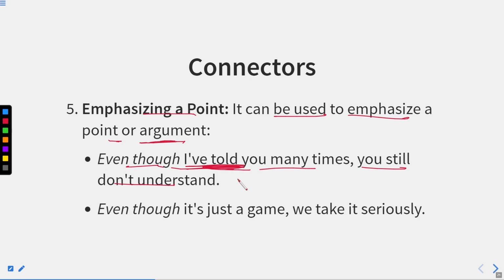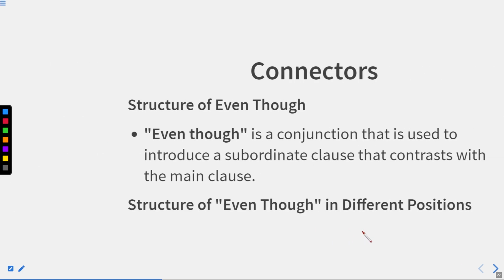So we are describing the frequency of someone who has told someone something, but he didn't understand. Even though it is just a game, we take it seriously. It is just a game, so this is emphasizing. It means seriousness can be ignored, but we take it seriously.